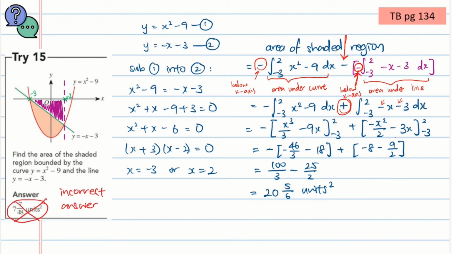All right, you could try out the different algebraic methods and find a way that is comfortable for you, and something that could give you the correct answer. So at the end, my answer will be 20 and 5/6 units square. Do take note that it is different from the one that's printed in your textbook. That's because the answer printed in your textbook is incorrect.